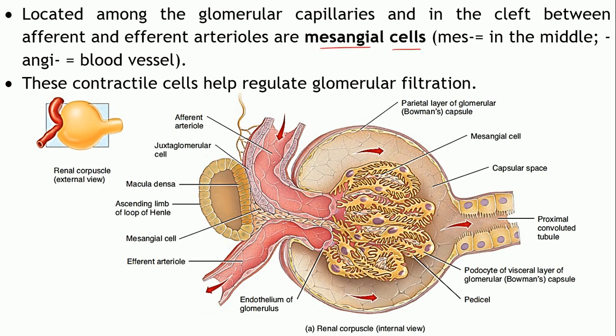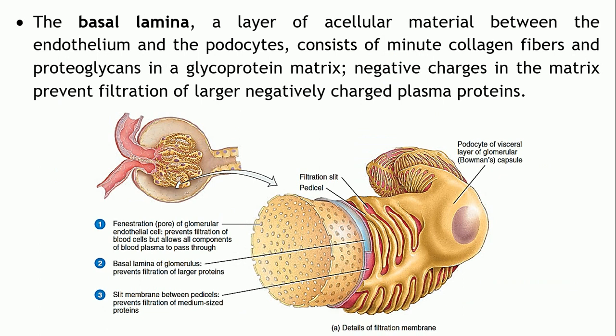Mes means in the middle and angia means blood vessel. So these are the types of cells which are present in between the blood vessels. As you can see over here also, these are present in between the capillaries. So these contractile cells help in regulating the glomerular filtration rate through this filtration membrane.